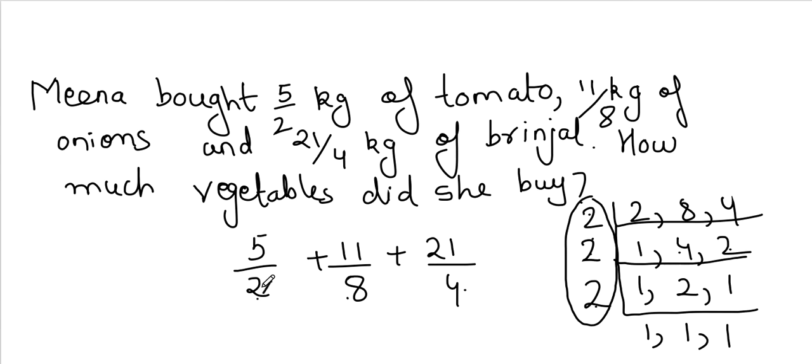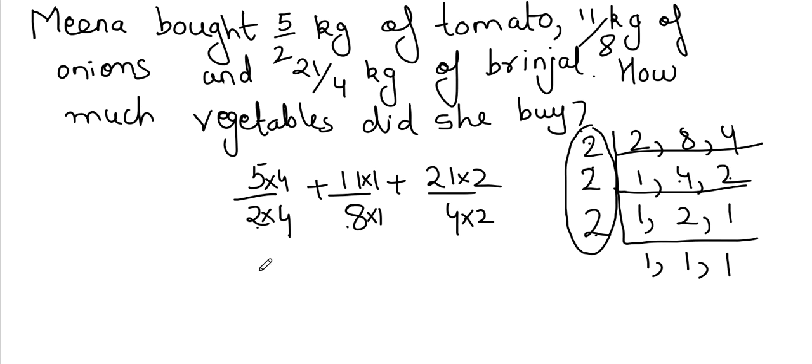So 2 into what will give me 8? 4. So here also I'll multiply by 4. 8 I already have, so into 1 and into 1. 4 you will multiply by 2, that gives me 8. So here also I will multiply by 2.